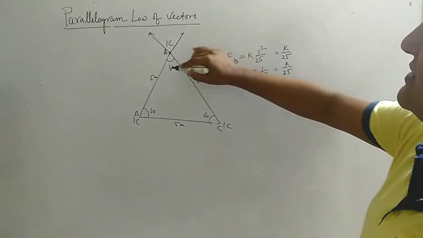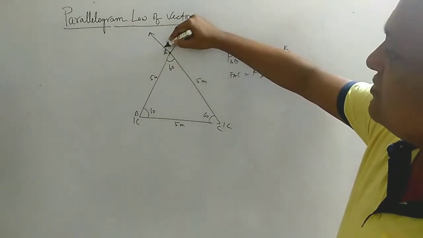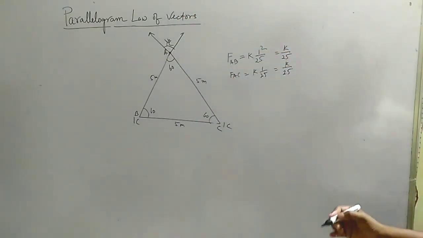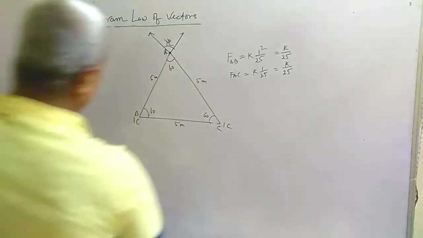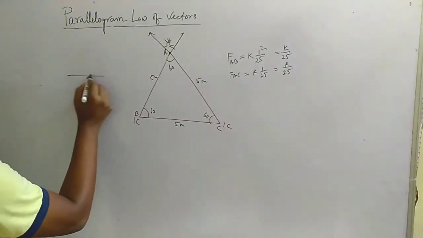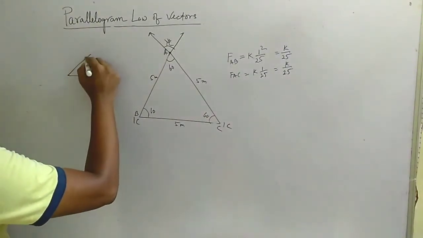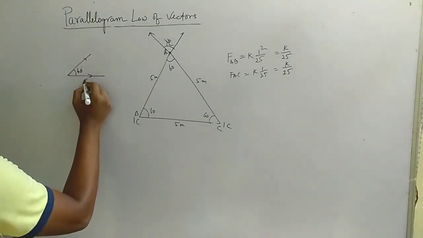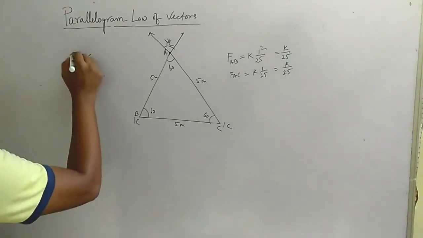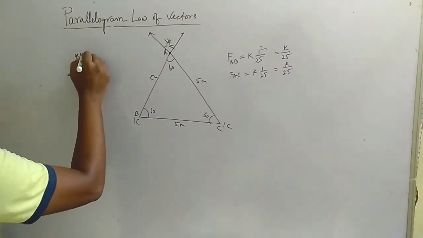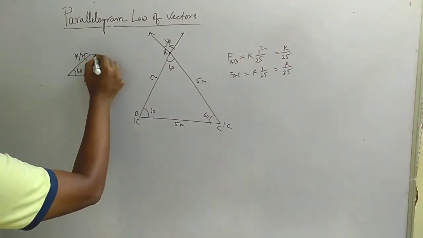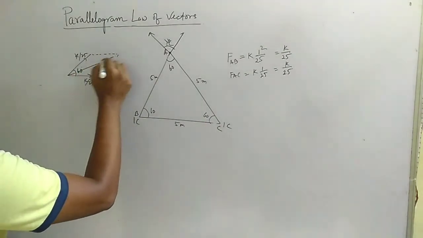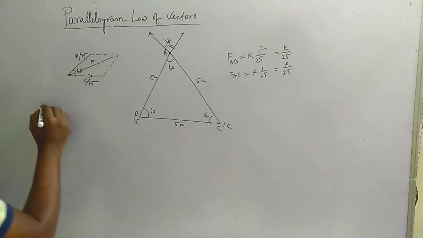And now you see this is 60, so this is also 60, these are vertically opposite angles. So I'll use my parallelogram law: I have two forces, one here and one here. The angle between them is 60 degree. This is K over 25, that is also K over 25. I don't need to draw, but for understanding I am doing this, so I use this F. So what is F?